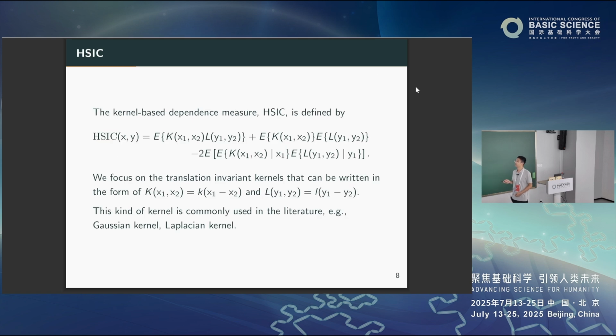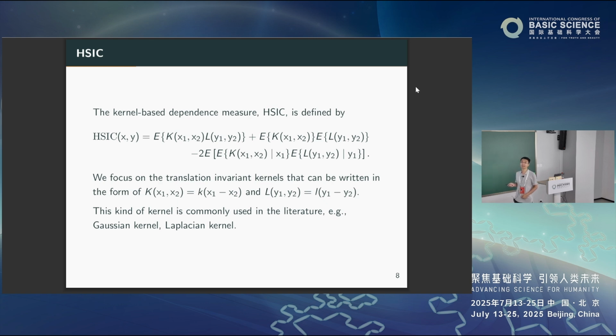And the HSIC, this is the definition of HSIC. We can see that this form is quite similar to the distance correlation in terms of expression. And here K and L are two kernel functions.